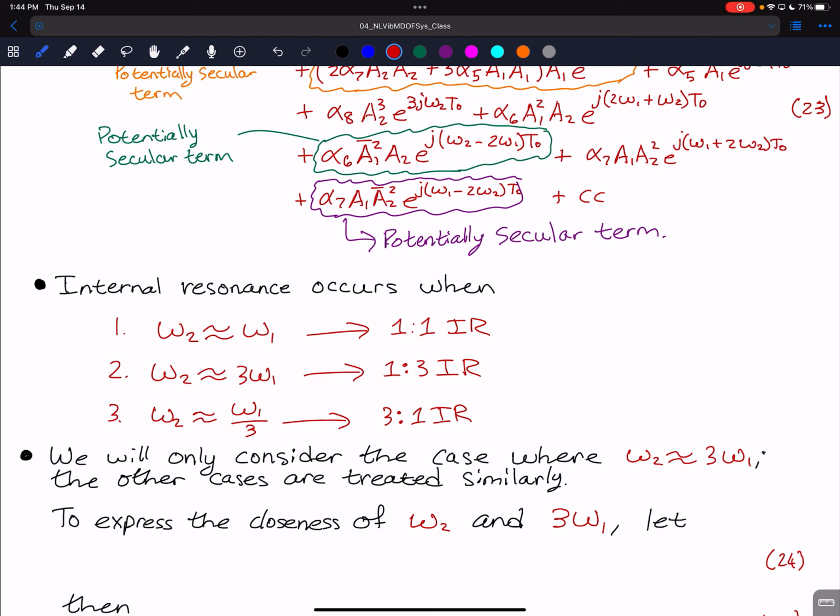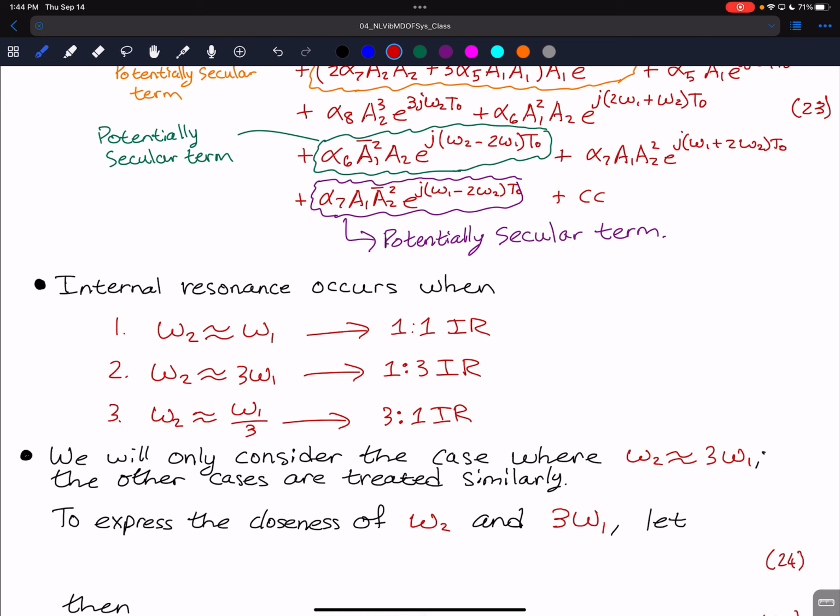And we are only going to consider the second case. Not to say that you couldn't study the other cases, you could. We're just going to consider this middle case. So if we were dealing with a second order nonlinearity, it would be a 1-to-1, 1-to-2, and 2-to-1?